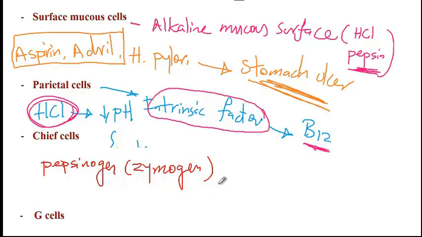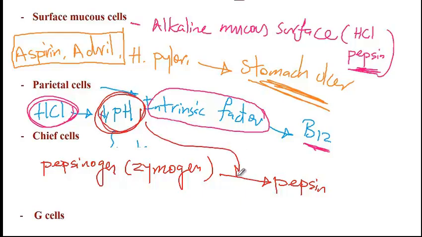In order for it to become active, it needs to be converted into pepsin. This conversion is done with the help of the low pH, which induces conformational changes that make the pepsinogen undergo cleavage to turn into its active form, called pepsin.